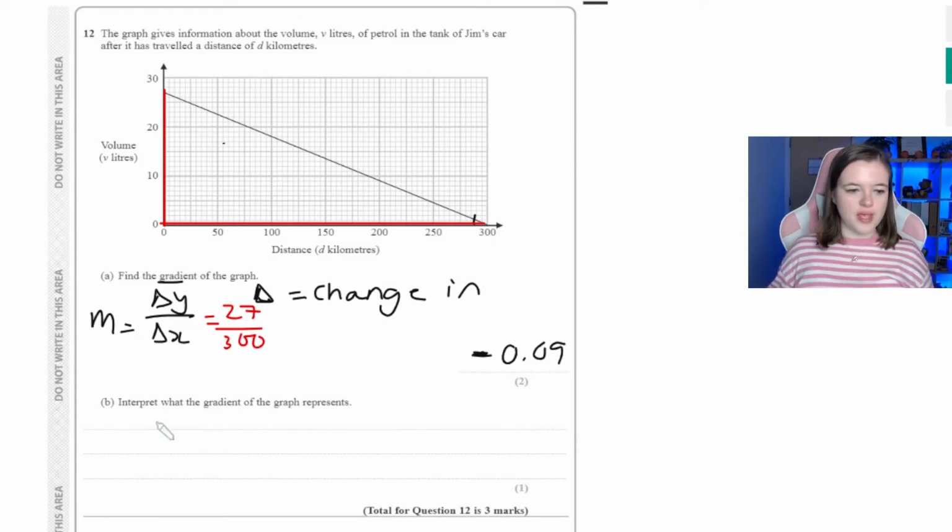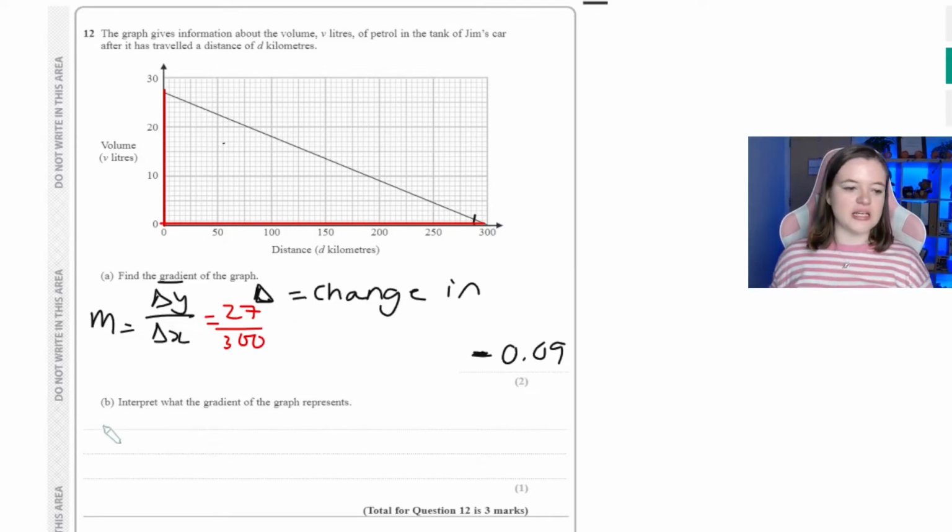There you have it. And then part B, interpret what the gradient of the graph represents. Okay, so the gradient of the graph tells us the volume of petrol consumed per kilometre. It can't be per distance, because if it was any unit of distance, it'd be different. If he was trying to figure out how much volume he used per mile, it'd be different to a kilometre. How much petrol he used per centimetre, much different to a kilometre.